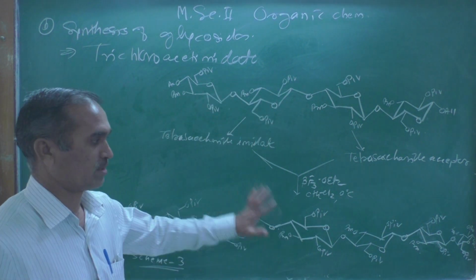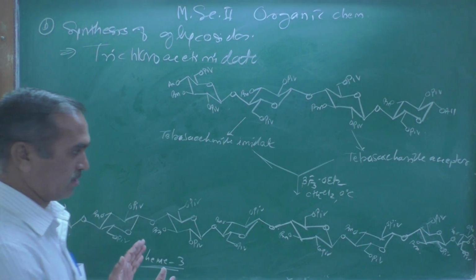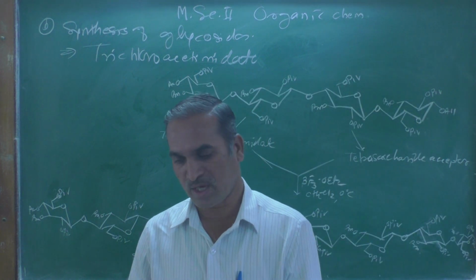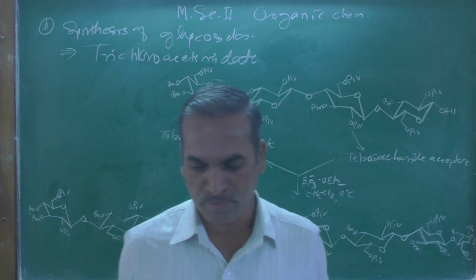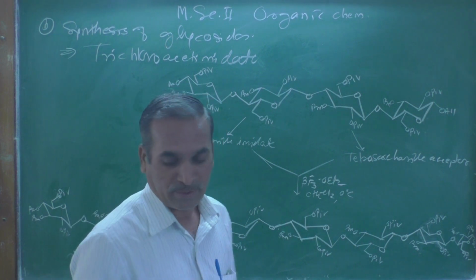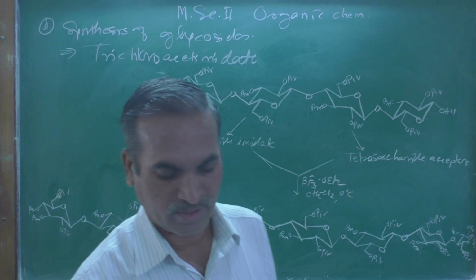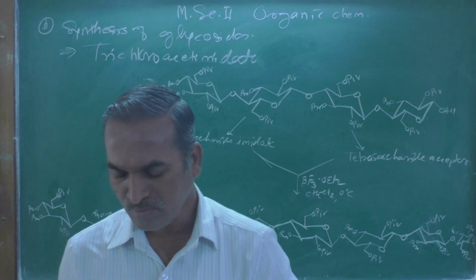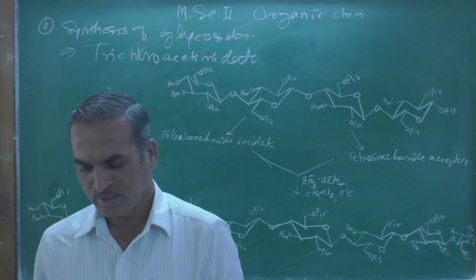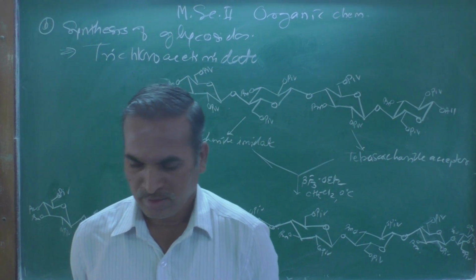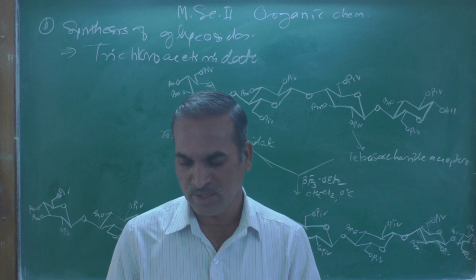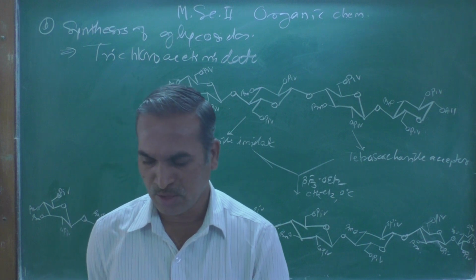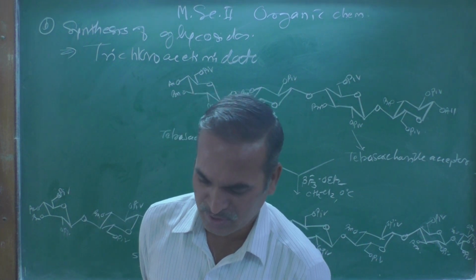It looks big, but once you remember the pattern, how to attach those groups, we can easily draw it, because we are talking about the trichloroacetamide. So this is scheme number 3 which we have seen here. Now the use of paramethoxybenzyl groups, PMB, instead of acetyl groups was less successful.